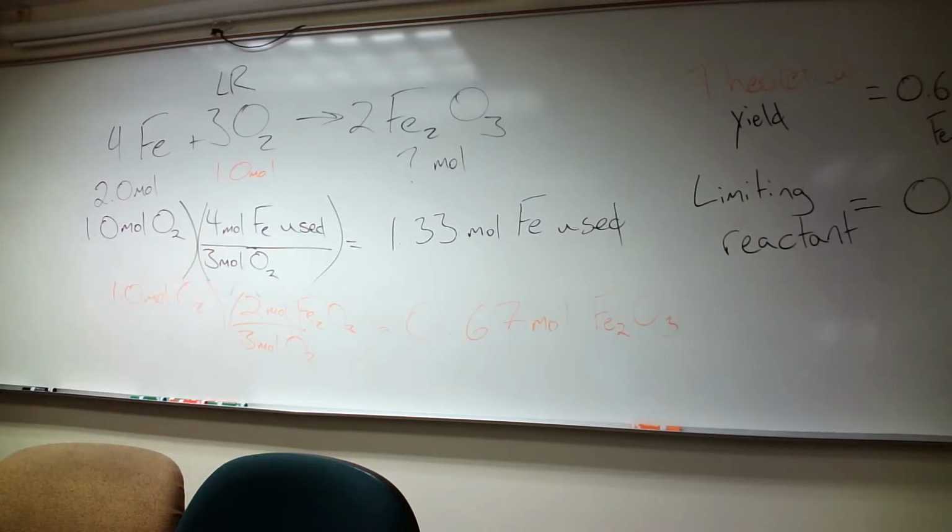So that allows us to say, okay, if I had 2 moles of iron initially, and I used 1.3 moles, how much is left? 0.7 moles. Just do the math, right?